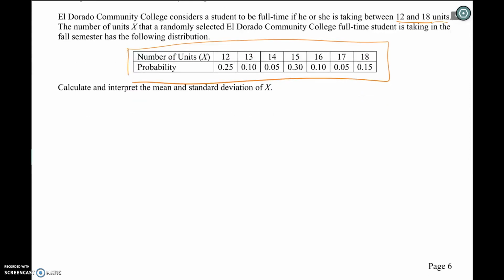So this is review from the previous section. The mean of my x's, also known as the expected value of my x's. We're going to use the formula from your formula sheet that says you sum your x sub i's times the probability of your x sub i's. We'll basically just take our outcomes x times the probabilities, and then we sum them all up.